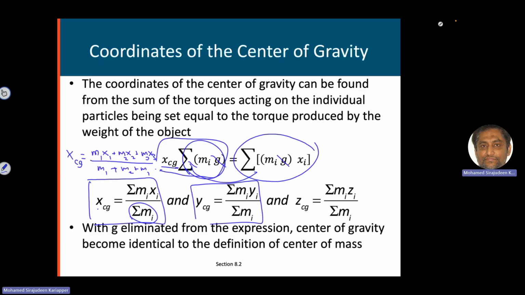So that's the equation for the center of gravity. Now we say this is the same as the equation for center of mass, so there's no difference between the center of mass equation and the center of gravity equation as long as g goes away, gets cancelled. So this is the second equation that we learn, the center of gravity or the center of mass equation.